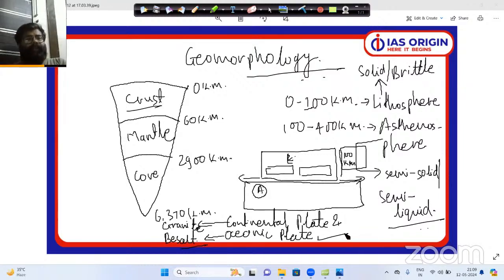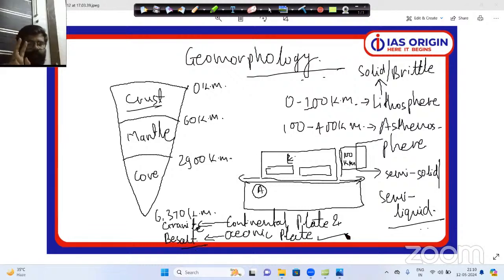And this is that particular point where we come across another concept, that is the endogenic forces or the exogenic forces. Please try to understand the difference between endogenic and exogenic forces. The forces which are working inside the surface of the earth are known as endogenic force.